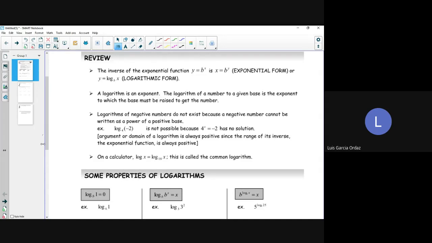So for example, we have log base 4 of negative 2. It is not possible because 4 to the x is equal to negative 2 has no real solution. Okay?